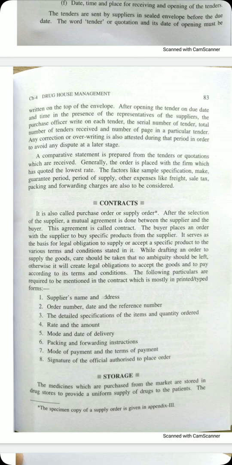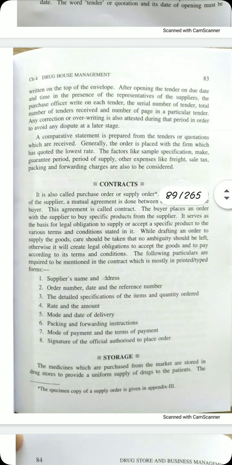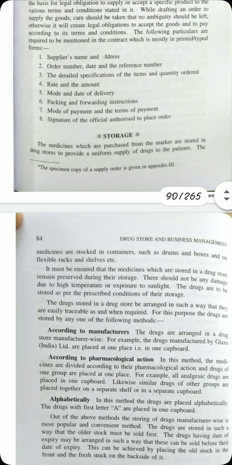First, the supplier's name and address; the contract should contain supplier name, address, order number, date and reference number, detailed specification of items and quantity ordered, rate and amount, mode and date of delivery, packaging and forwarding instructions. Next, mode of payment and terms of payment. And the last one is the signature of the official authorized to place the order.